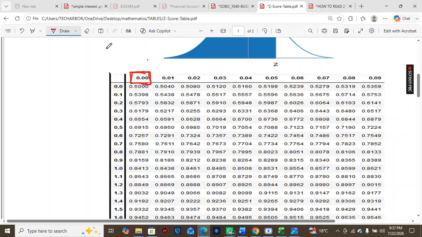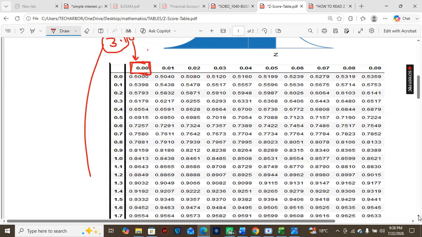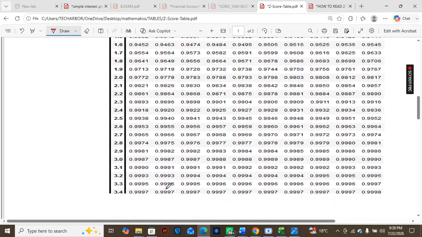Since it's 3.10, this zero is represented by that 0.00. Then this 3.1, you're going to find it in this row here. You can see 3.1.